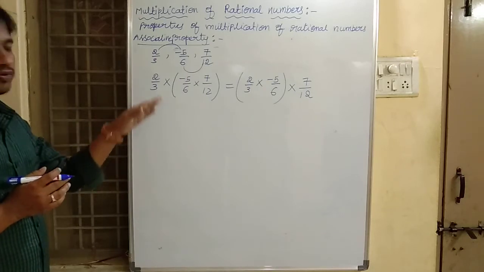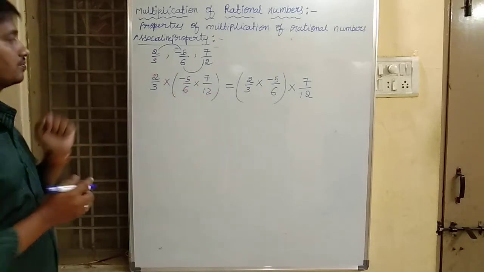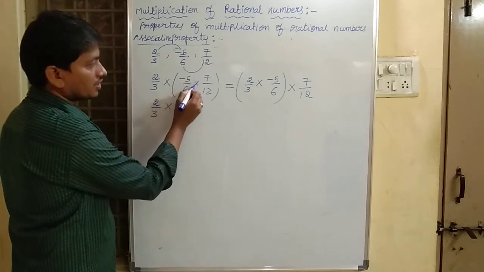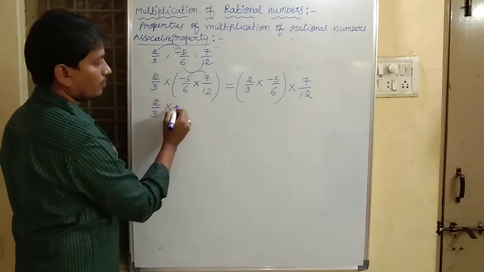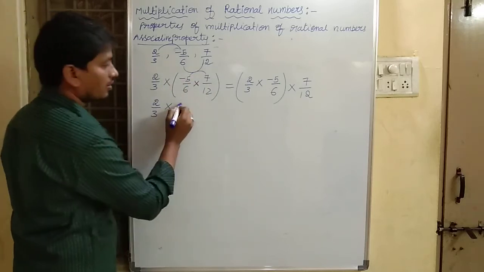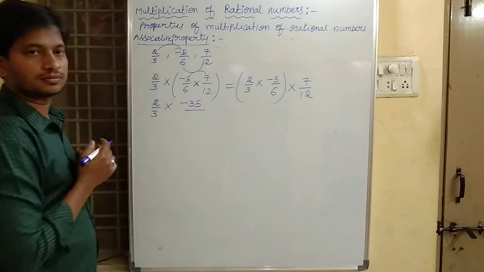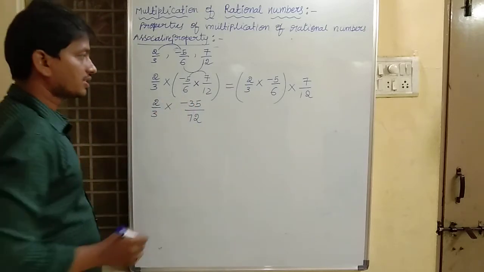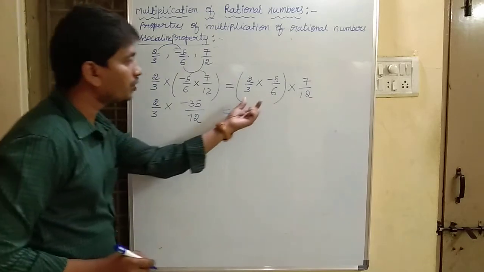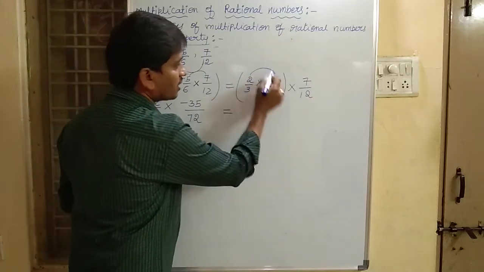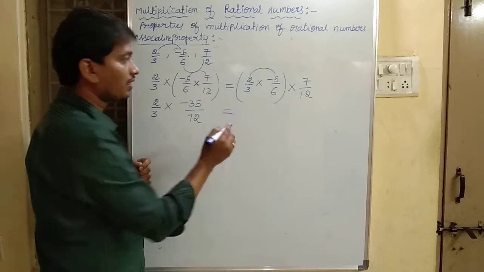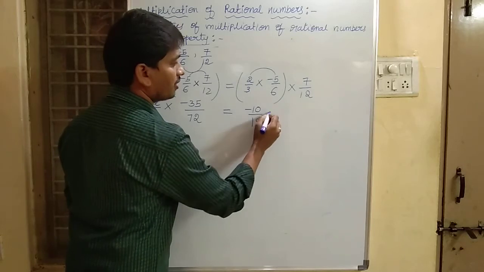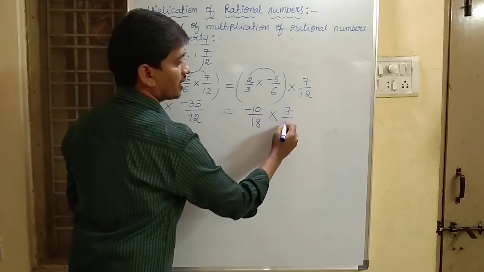Okay. Now first of all we have to solve whatever is in the bracket. So 2 by 3 into, multiplying the rational numbers, product of numerators minus 5 into 7, that is minus 35, by 6 into 12, which is 72. Coming to the right side, 2 into minus 5 is minus 10, 3 into 6 is 18, into our third rational number 7 by 12.